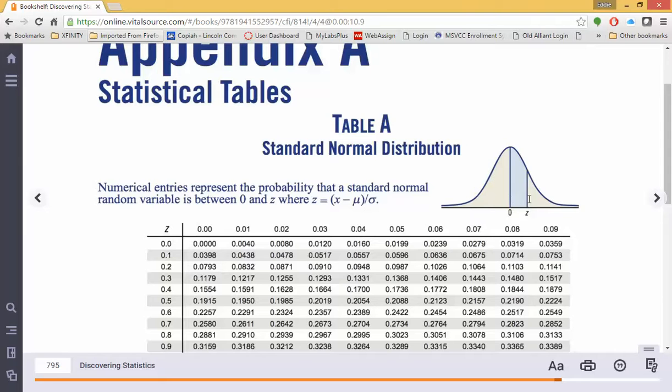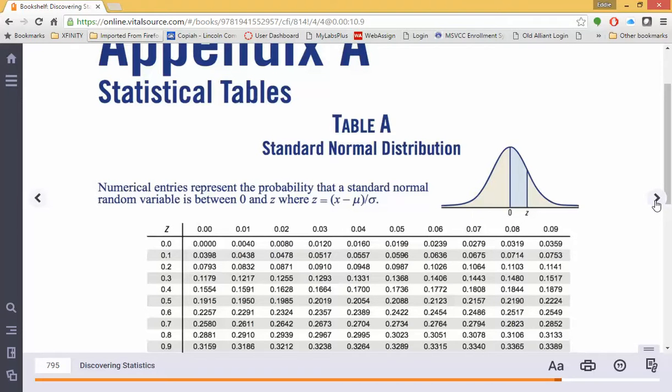So if you see this shaded region right here, imagine you have a z of any positive number, then the value that's given in this table is the area between the middle and z under the curve, which corresponds to a probability. The tables that I use, I told you I use table B and table C.